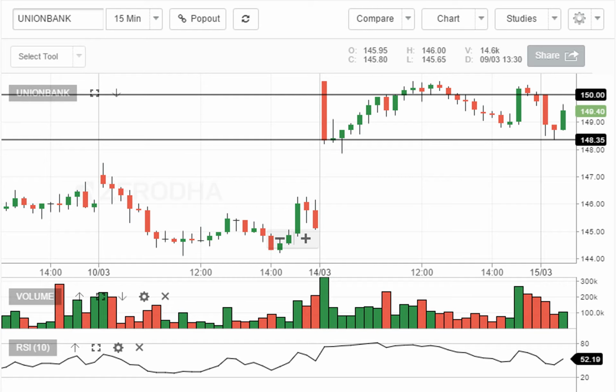I just want to place it at 149 because we know that the resistance is 150. So we'll be getting only 1 point profit here. Confident 1 point profit. But if it breaks the resistance, then we don't know how much profit we'll be getting. We can get 1%, 2%, 3%, or 5% also. But as for now, it is just giving us 1 point move.